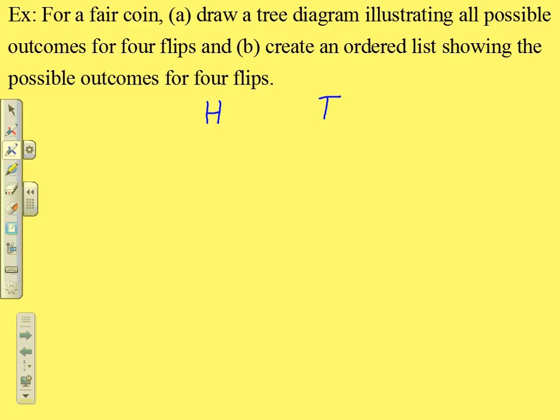The coin could land on heads, or the coin could land on tails. Those are the options that we have. So if we flip it once, let's say that it landed on heads. Well, from here, if I flip it, I could again get a heads or a tails.